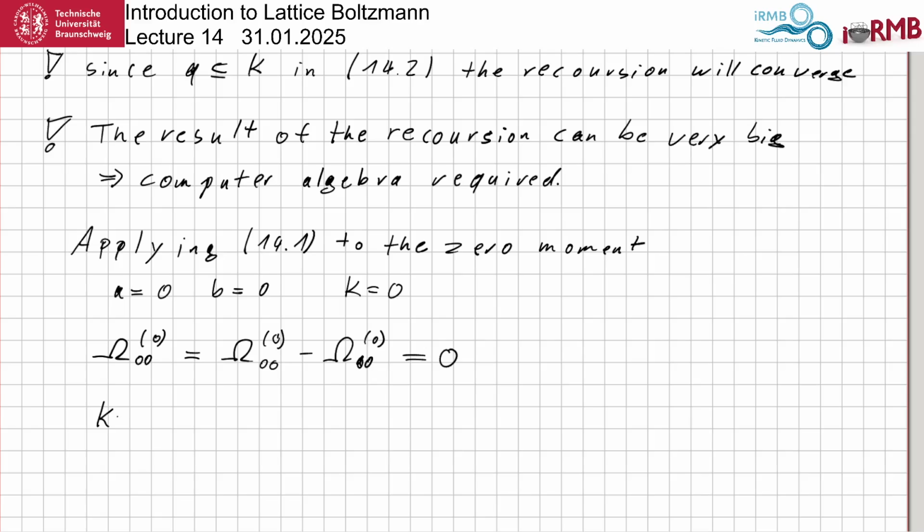So then we set k equal to 1, meaning that we have omega 0, 0 to the order 1, which is again omega 0, 0 to the order 1, and we get out of our recursive equation that we always get the same thing back. So I guess I will start skipping over this soon, because they will always disappear.